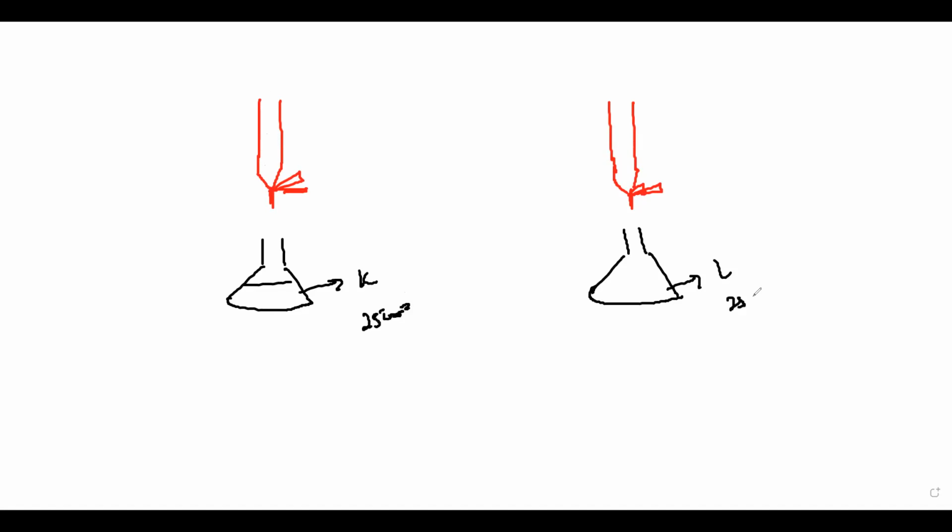Solution L is also 25 cm cube. But from the burette, the same hydrochloric acid is there. Solutions K and L are unknown, we don't know their concentration. So for a complete color change, we need 20.8 cm cube of HCl. Here we need 31.2 cm cube of HCl for a complete color change or complete reaction with L.